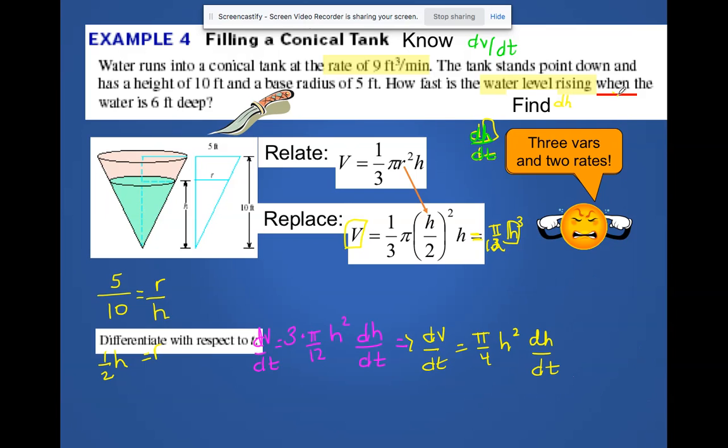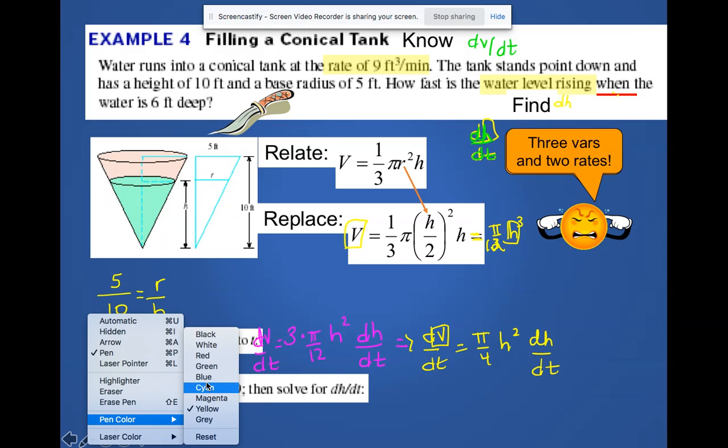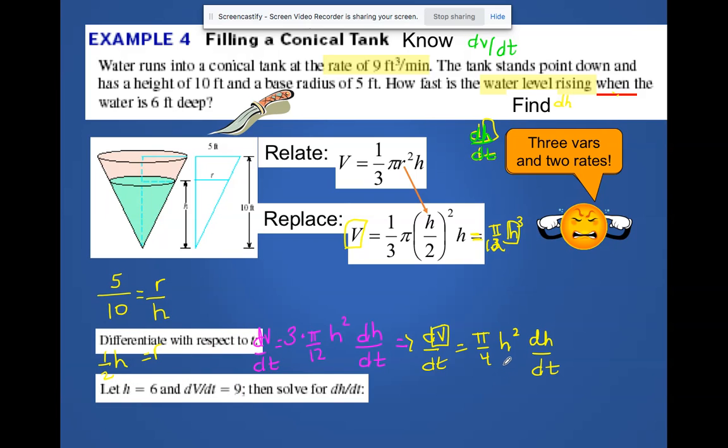when the water is 6 feet deep. So I'm trying to find dh/dt. So put 6 in here. Put 9 there.